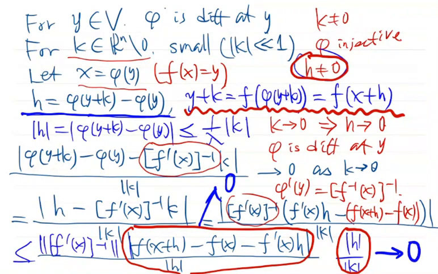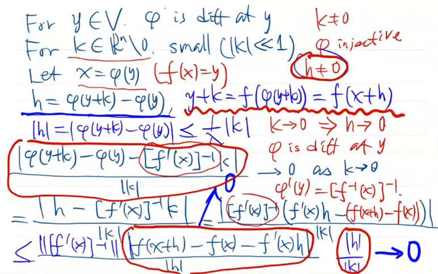So this means that the left hand side, this part, goes to 0 as k goes to 0.